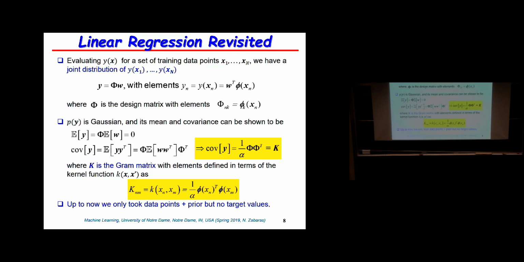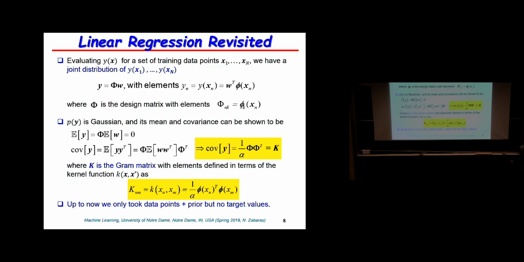So this is a Gram matrix, all right, defined in terms of this kernel function that you see here. So what we have done is to derive the distribution of y, which is a Gaussian, using only the distribution of w.